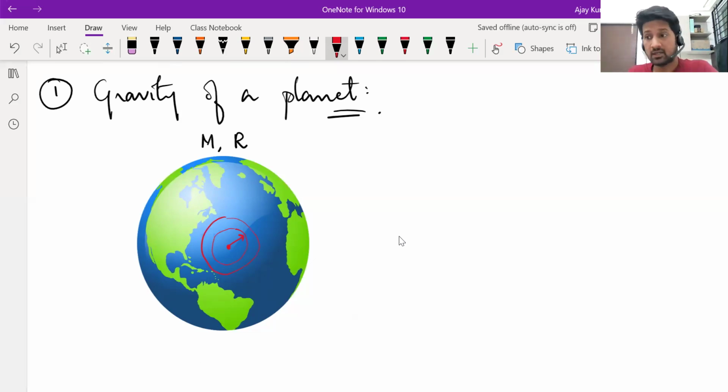That is where the hollow sphere ideas will work. If density is varying from radius to radius, then at one particular radius, you will consider a hollow sphere. You will find out what is the gravity of that one hollow sphere and you will integrate to get the gravity of the entire planet. Okay, we'll come to such questions. For now, let's assume it's a uniform solid sphere.